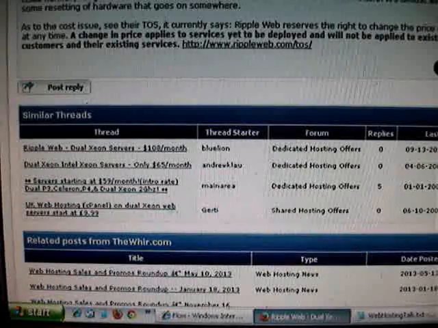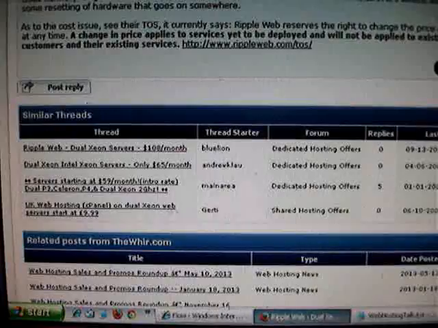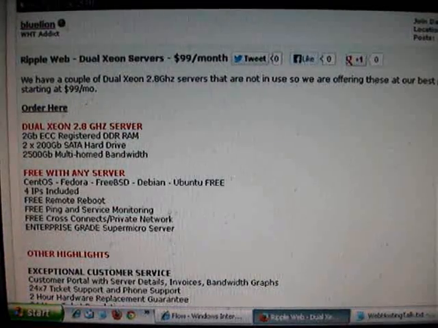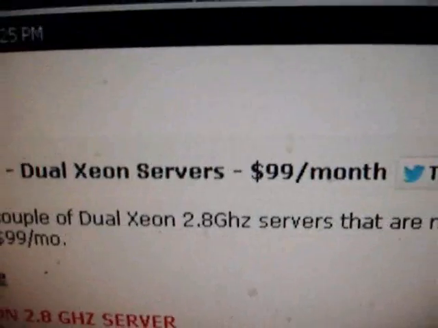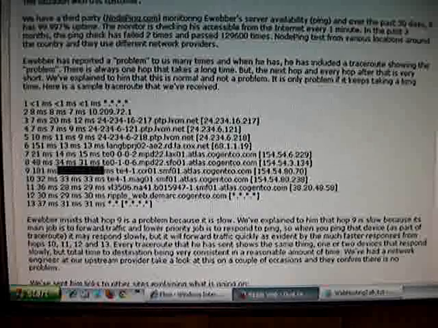You supply a service, it's your responsibility. $179, and here they are advertising basically the same server, the dual Xeon 2.8 for $99 a month. Well, you can find something else somewhere else, a comparable price, better server, and less headache.